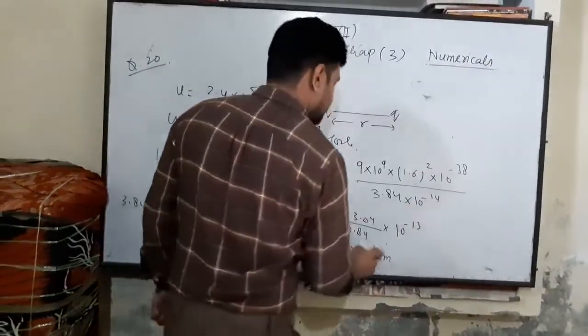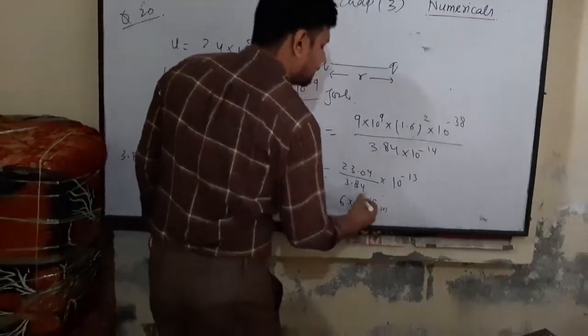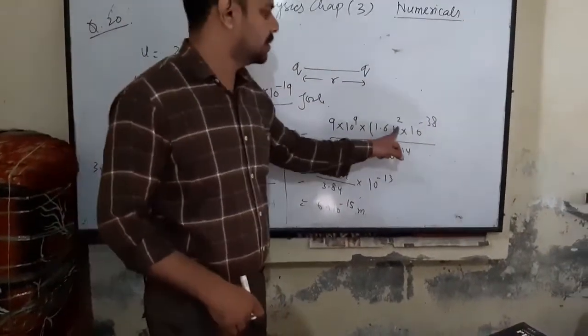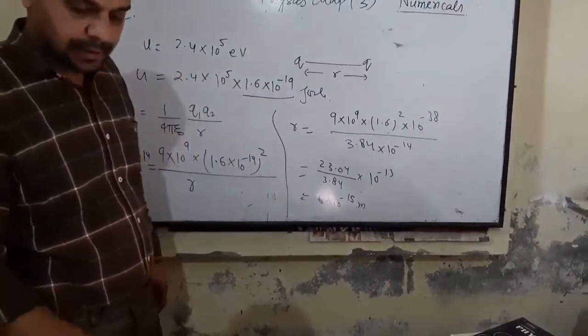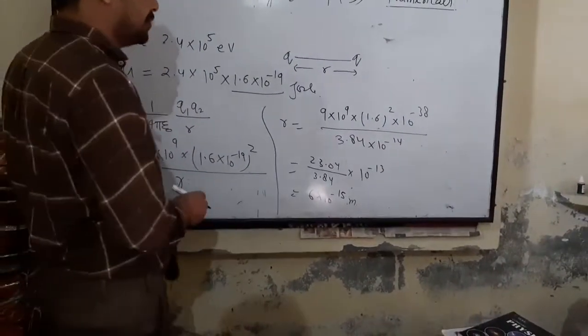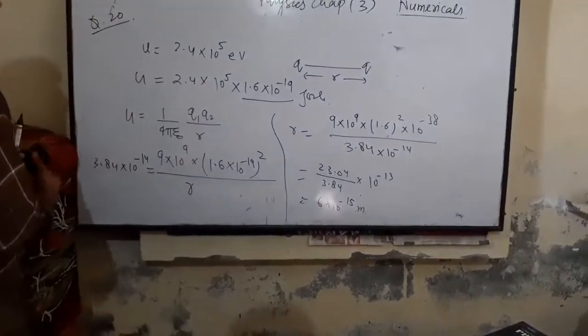Sorry, it is minus 15, my mistake. So R is 6 into 10 to the power minus 15 meter.